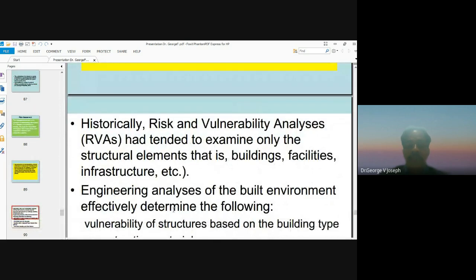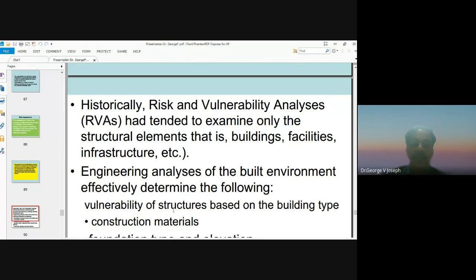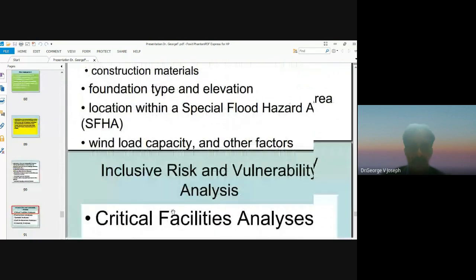Historically, risk and vulnerability analysis had tended to examine only the structural elements, that is buildings and facilities. So earlier the risk assessment was done only by engineers, but now the social vulnerability component is also equally important and needs to be looked at.